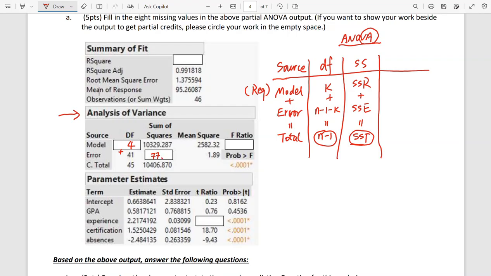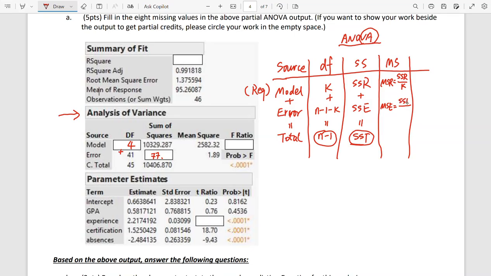All right. So after that, the next column is called the mean squares. When we talk about mean squares, it's just the sum divided by the degrees of freedom, the sum divided by how many of them. So in this case, we have MSR, which is SSR divided by the corresponding degrees of freedom, K. And then we also have the MSE for the error, the same thing.